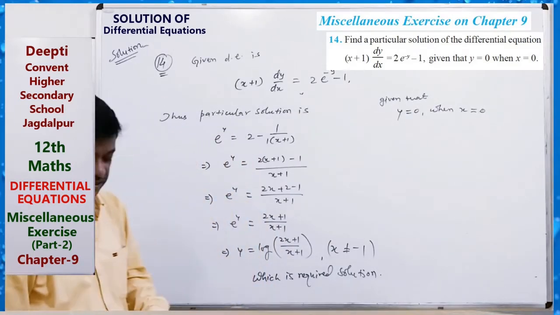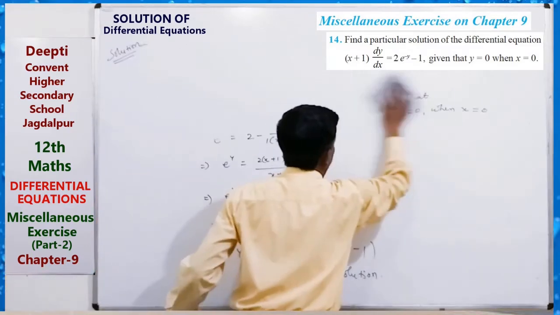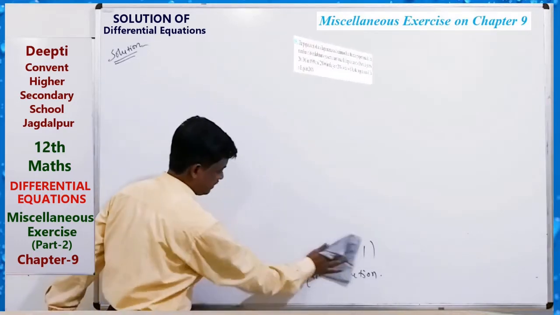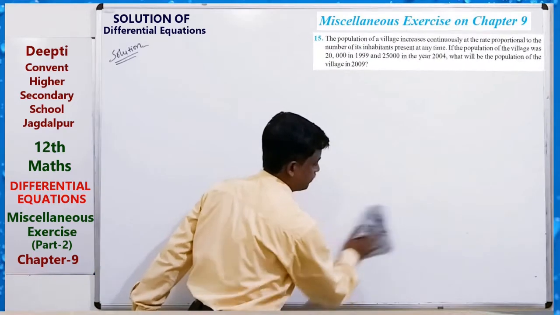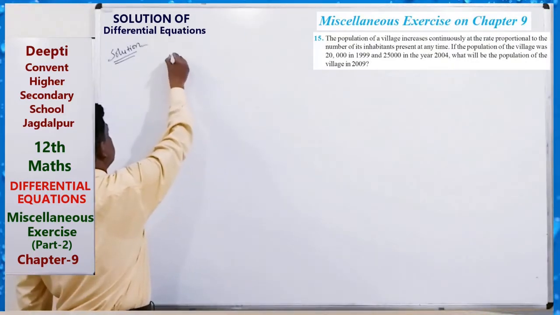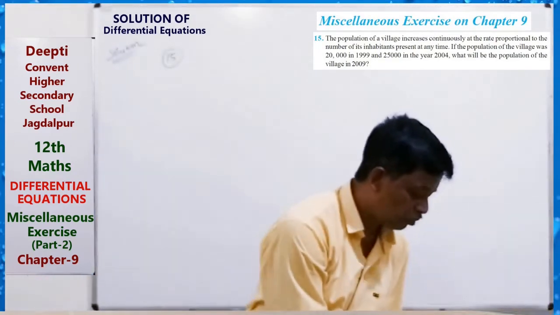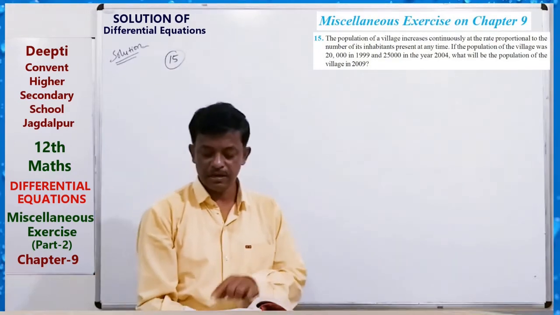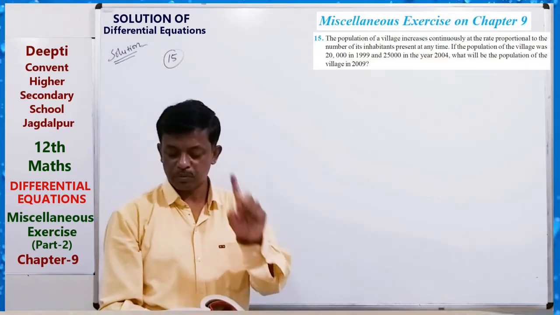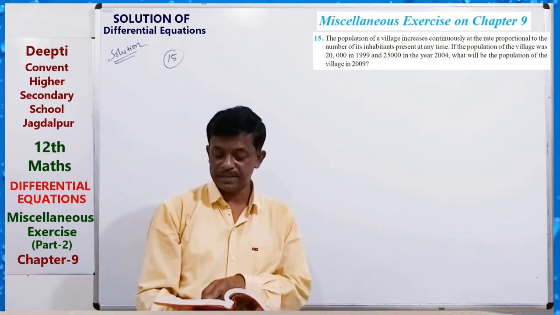And the remaining 3 are objective type questions, multiple choice questions. So here, just take question 15. It says that the population of a village increases continuously at a rate proportional to the number of its inhabitants present at any time.